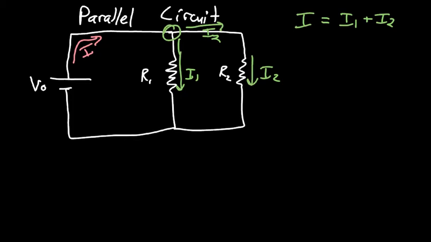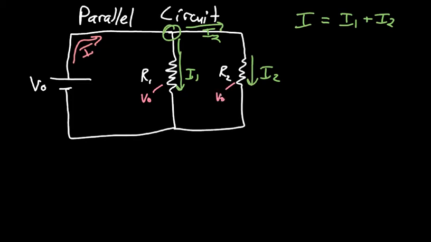And we have to end at the same voltage that we started at. So delta V1 has to be the same as V0. If we went around a different path through R2, we drop by delta V2, and then we go up by V0. So delta V2 has to be equal to V0 as well.